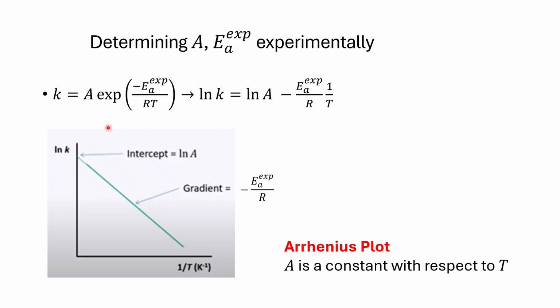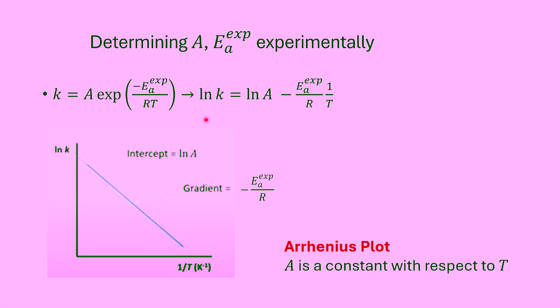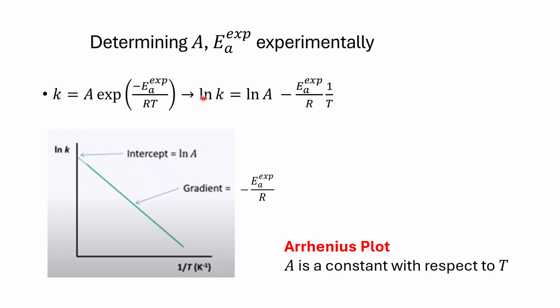The Arrhenius equation is given by k equals A exp(-Ea/RT). So we take the natural logarithm to obtain a linear equation: ln k equals ln A minus Ea over RT.